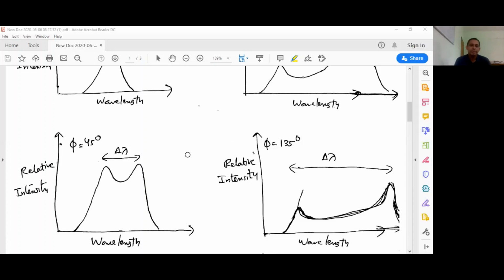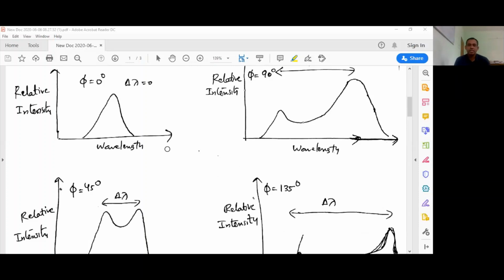As we increase the scattering angle, the shift is increasing. For phi equal to 0, the shift is 0, and as we increase the scattering angle the shift increases.